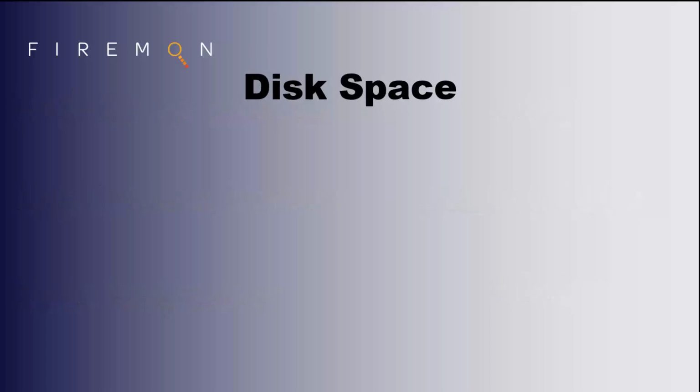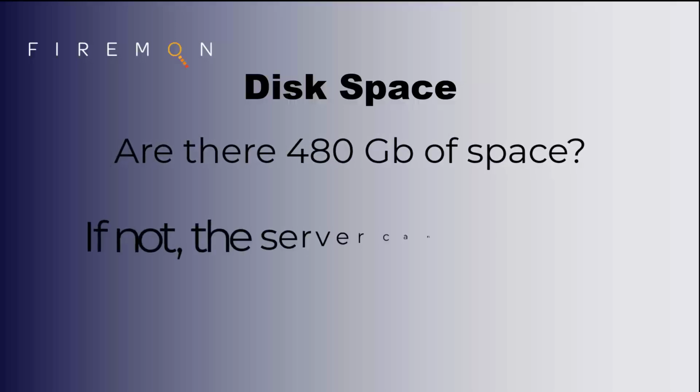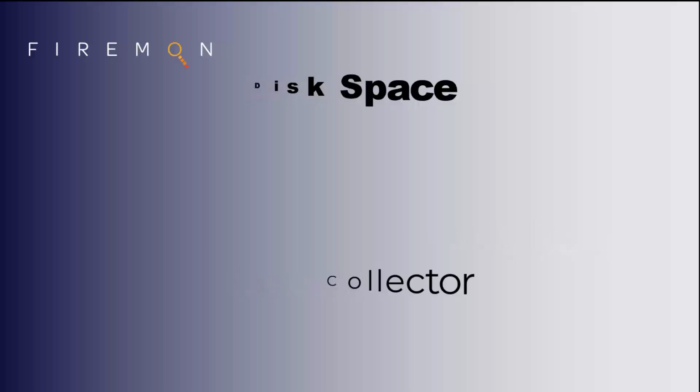Hard drive space is another consideration. During installation, the FireMon operating system, or FMOS, will run a check to ensure there's at least 480 gigabytes. If 480 gigs are not available on the system, the only role the server can take is that of the data collector.